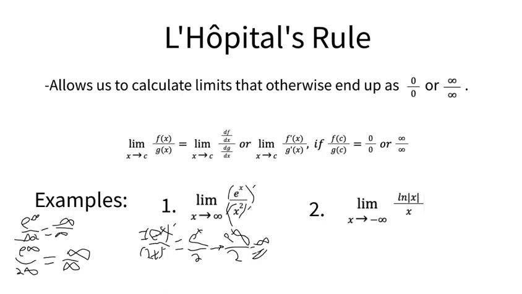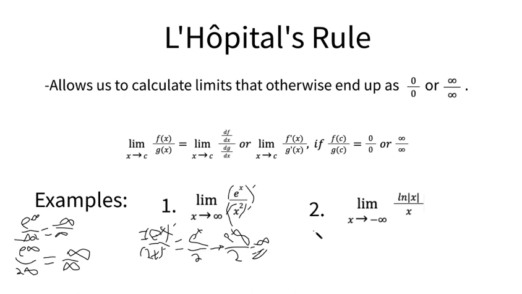The limit as x goes to negative infinity of the natural log of the absolute value of x over x. I'm not going to show it this time, but you can tell that it doesn't work if you just plug in x equals negative infinity. The natural log of the absolute value of negative infinity is the natural log of infinity, which is just infinity, over infinity, and that means L'Hopital's rule applies.